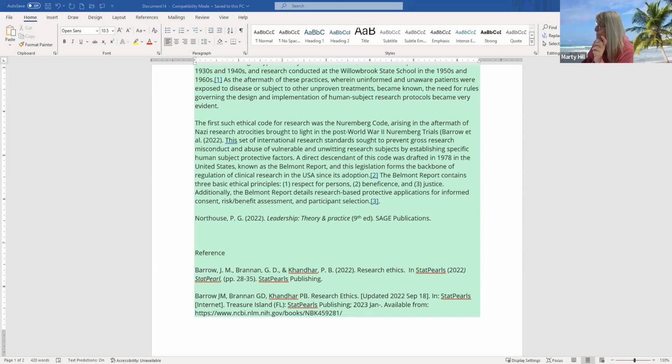One more question, dear, if you don't mind. Oh no, please ask all you want. I'm looking at one of my papers, and I changed the formatting to meet what you just said. I have the title of the book at the beginning, then the name of the author and the year. Then I put down the title of the article.